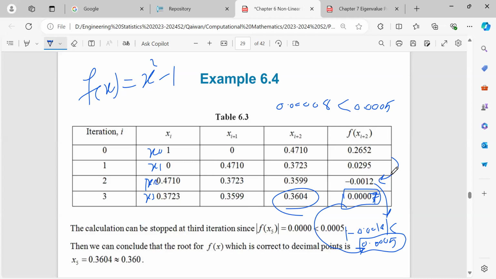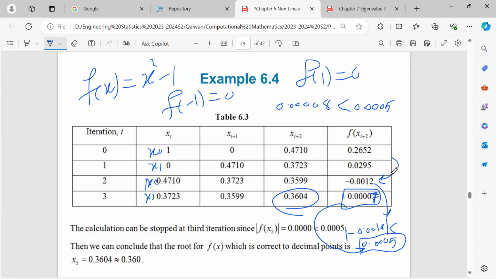Could you say 0 is a root? No, it's f of x. You say f of 1 is 0, and also f of negative 1 is 0. So these two values, 1 and negative 1, are both zeros for the function. These are exact solutions for the function.